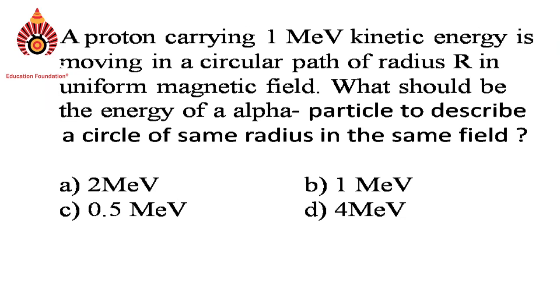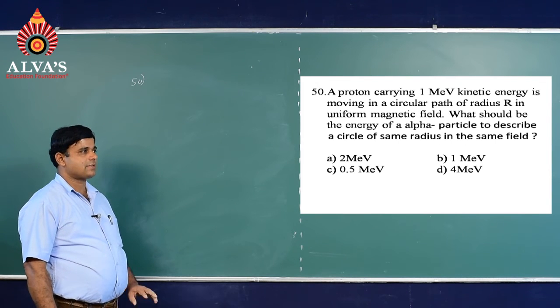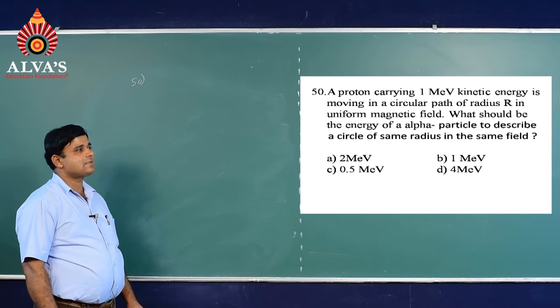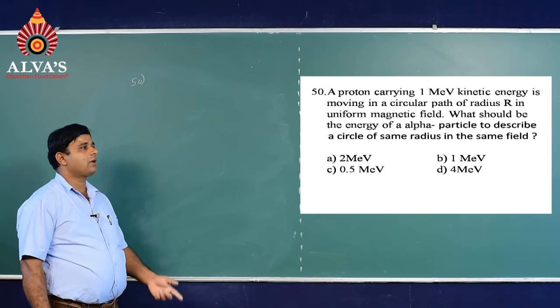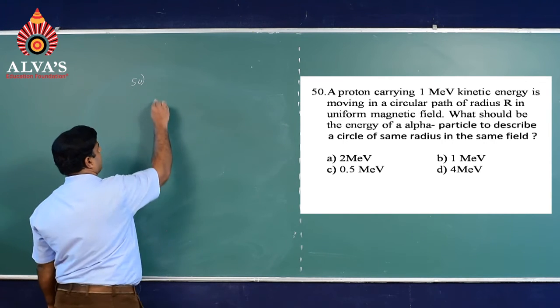A proton carrying 1 mega electron volt kinetic energy is moving in a circular path of radius r in a uniform magnetic field. What should be the energy of an alpha particle to describe a circle of the same radius in the same field? So, both charged particles are moving in the same field, should describe the same circular path of same radius. You have to calculate energy of the alpha particle.